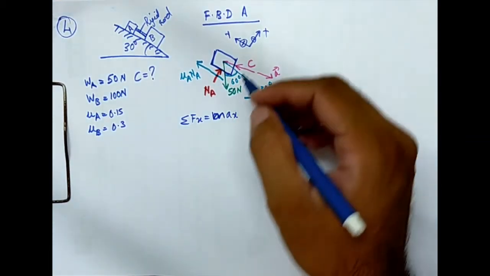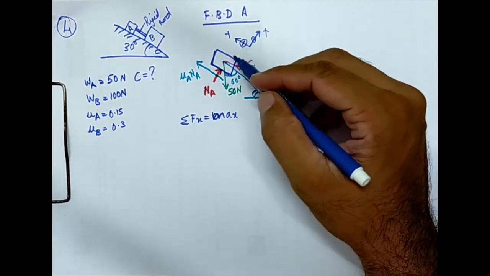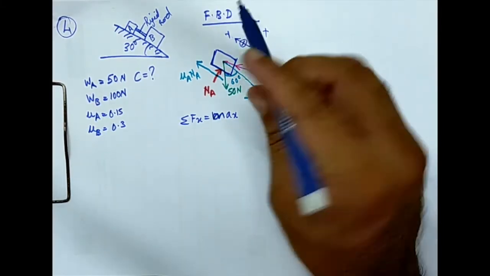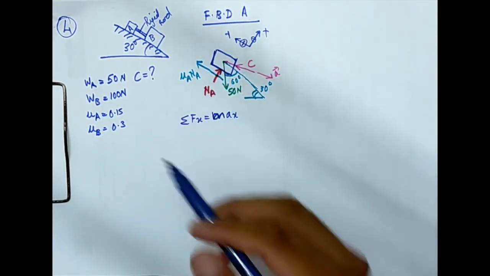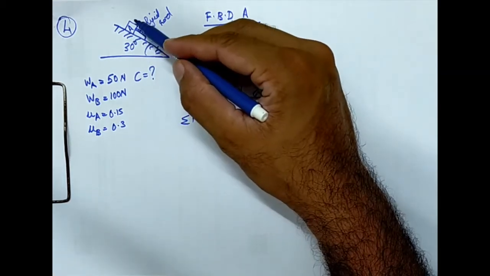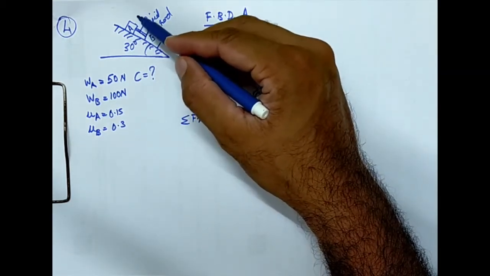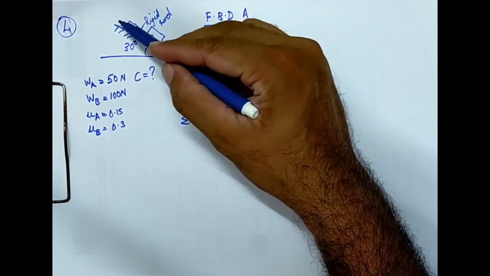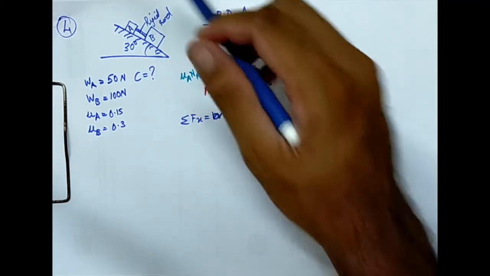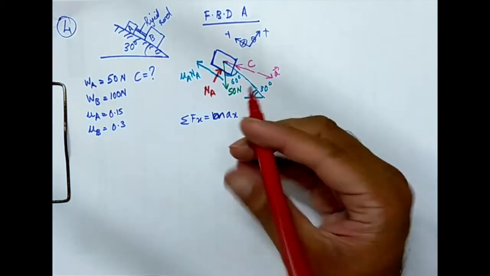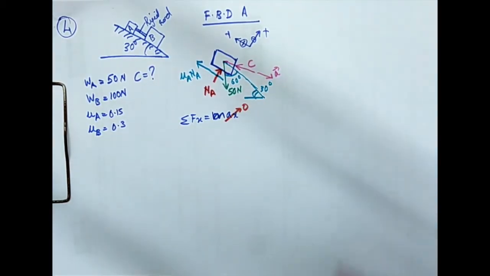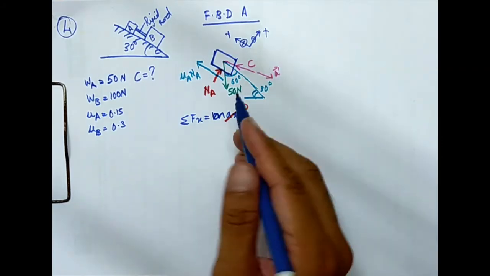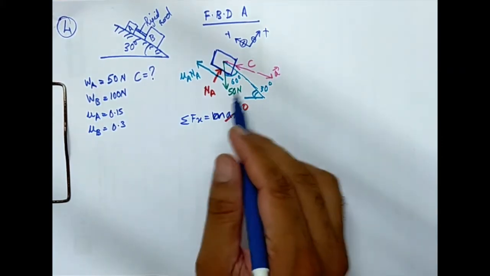So I need to consider the magnitude of acceleration in the x direction. This is my x direction. If we observe, the block is having zero acceleration in this direction because the block is not moving in this direction, it is only moving in this direction. So ax is 0. So this term becomes 0.